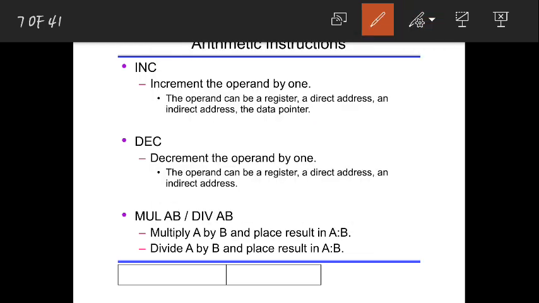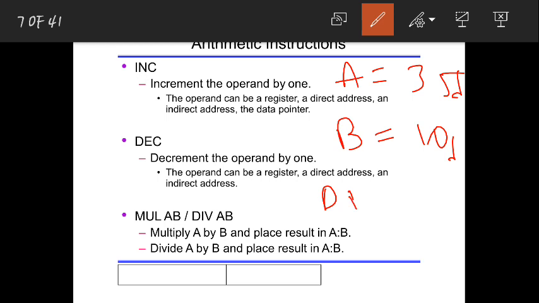Okay, we will take a small example. We will take A is equal to 35 and B is equal to 10. Okay, so I am taking them in decimal. Now I have written DIV AB.